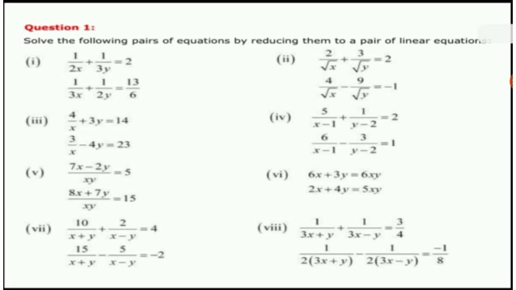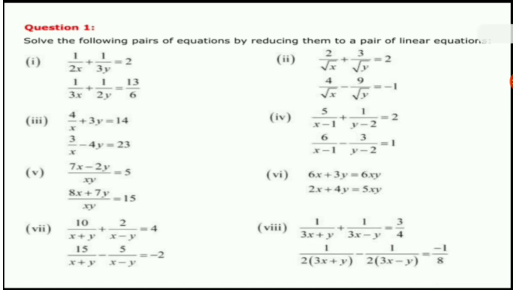So here the common terms are 1 by (3x plus y) and 1 by (3x minus y). So simply, at first we let 1 by (3x plus y) equal to p and 1 by (3x minus y) equal to q.